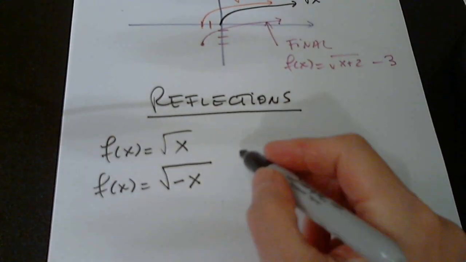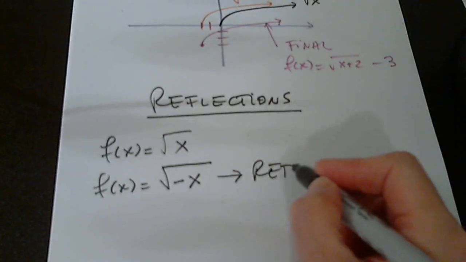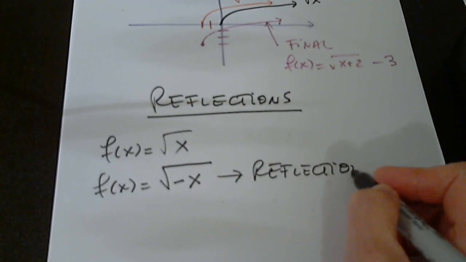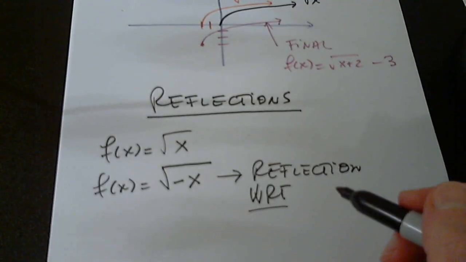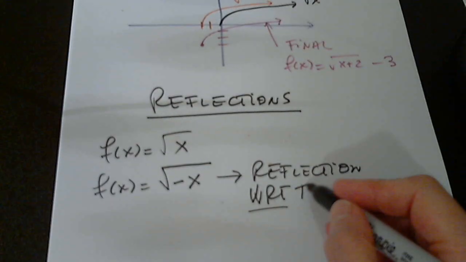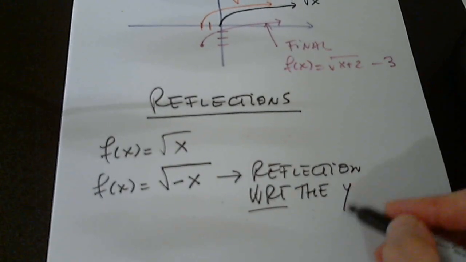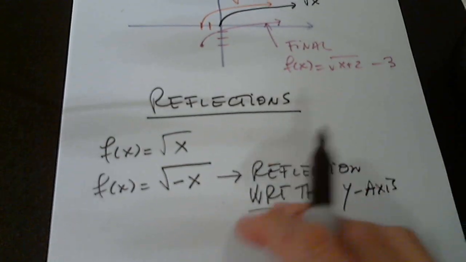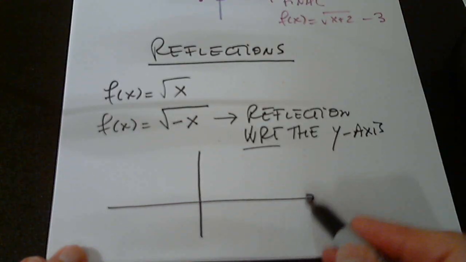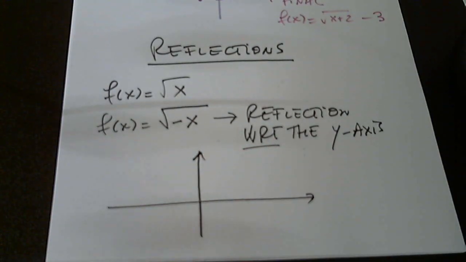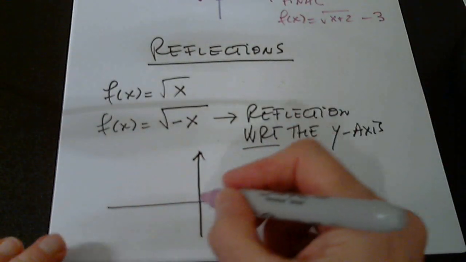So reflection WRT, this is how lazy people write with respect to, the y-axis. So let's see how this looks. Here is our graph of the square root of x.